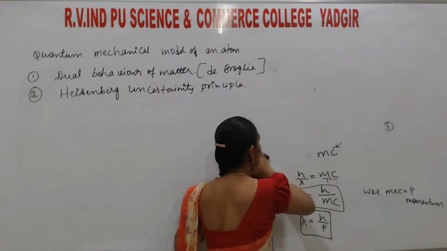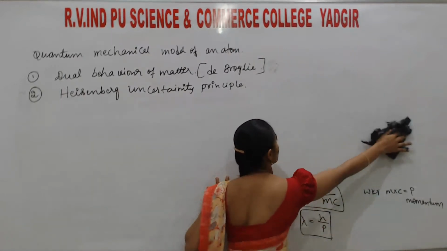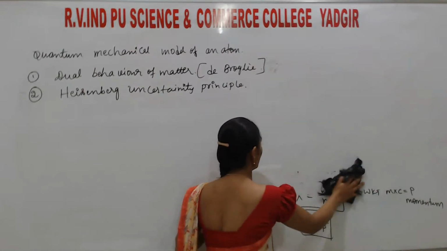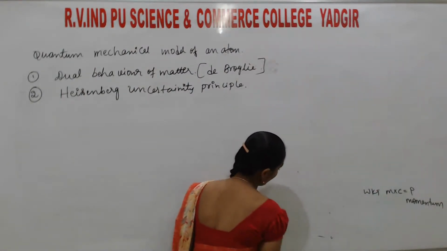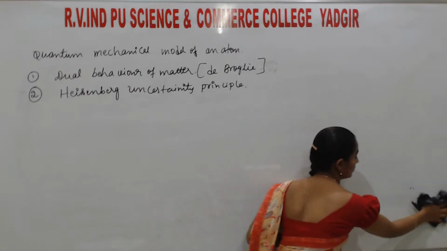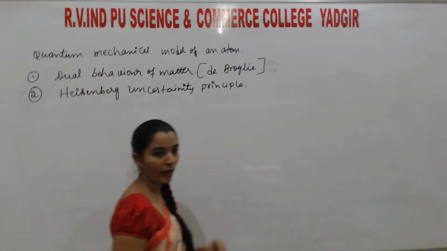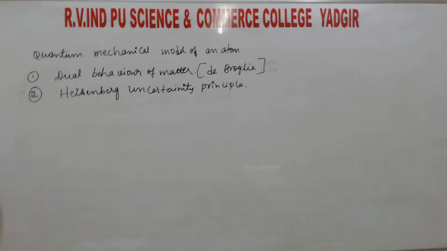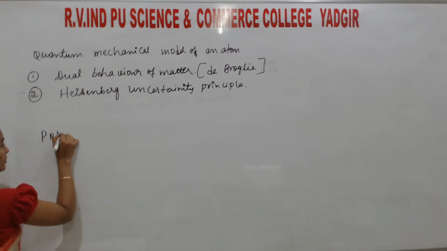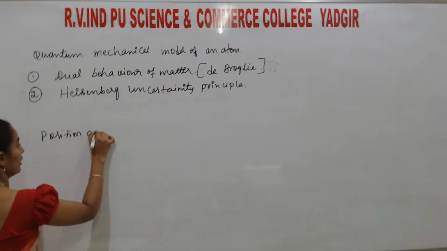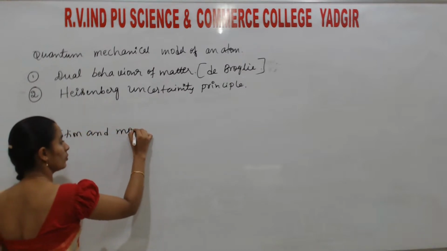So the scientist tells about the uncertainty between some relations or any two quantities. The two quantities here are one, position, and another one, momentum.